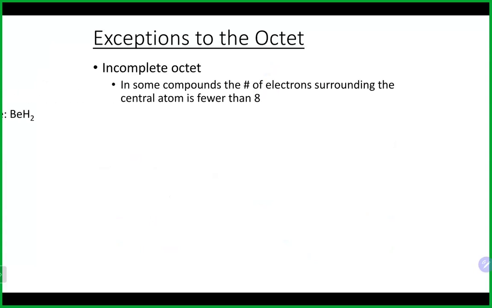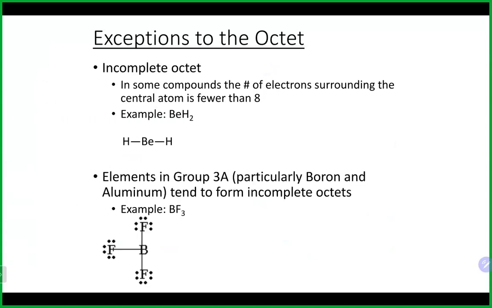So let's talk a little bit about the octet rule. In this class, pretty much everything is going to obey the octet rule, but there are some exceptions to the octet rule, and let's talk about the exceptions. The first exception is an incomplete octet. There are certain elements that are perfectly fine with less than 8 electrons around them, and that is the big 3 of typically beryllium, boron, and aluminum.